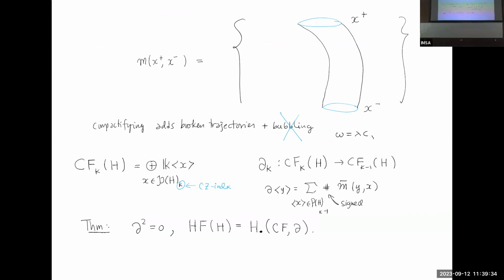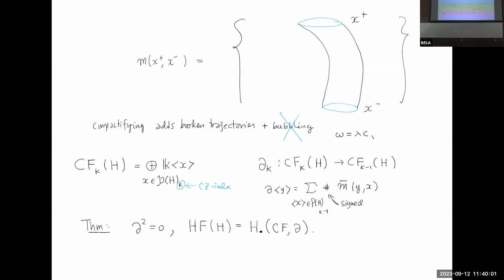In general, you need to compactify the moduli space, just as we do for any type of moduli of curves. For that, I again use the monotone case, which is going to get rid of all the bubbles that appear in there. So I form a chain complex, called the Floer chain complex, by taking all the one-periodic orbits of a certain index.